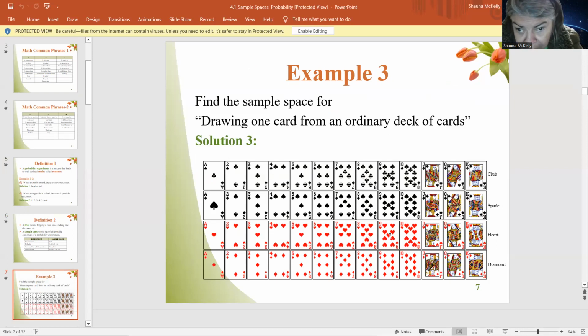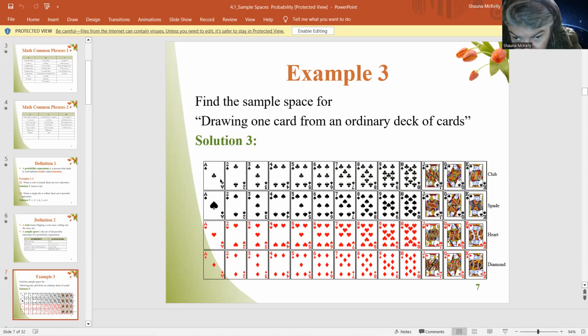This is something that you're going to be seeing a lot of in the next few sections. This is a standard American deck of cards. It's reproduced here for you. Before we start talking about the deck and how it works, the sample space, remember, is all possible outcomes of a probability experiment. But I'd like to spend some time going over this.